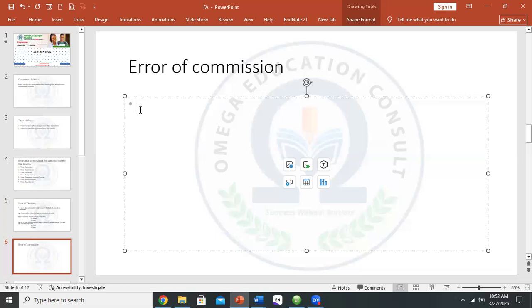Okay, so we say that this error occurs normally due to name similarities. Right? So the accountant makes the mistake of recording in the wrong person's account because that person has a similar name with the actual person.